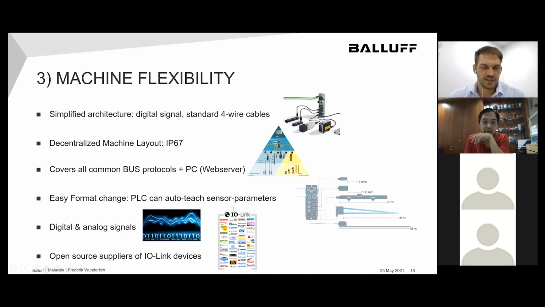There is a DIN international standard norm behind, and on the picture here you can see all the brands which are using IO-Link, and all the devices are compatible with each other. Means you can use a Balluff sensor and connect it to any other brand's master, or the other way around. Means you're not committed to one brand only, but you have the whole market open for yourself.